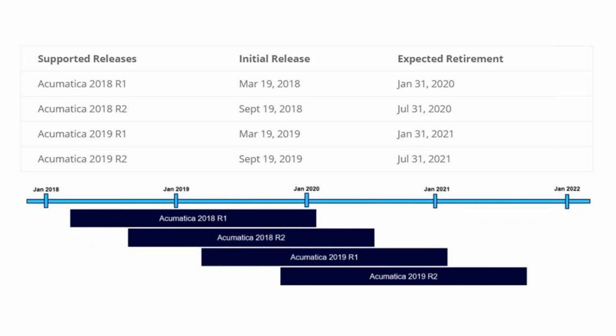So if you see your version on this list, you need to be thinking about upgrading at some point in the future prior to that retirement. If you don't see your version on that list, that means it's quite a bit older, and you definitely want to start working on your upgrade as soon as possible. And if you have any questions with that, you can reach out to any of us that are on the call today.